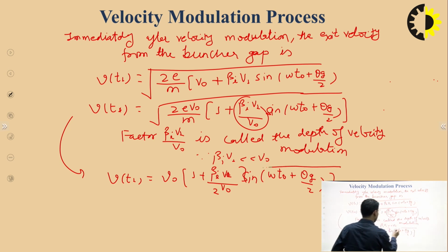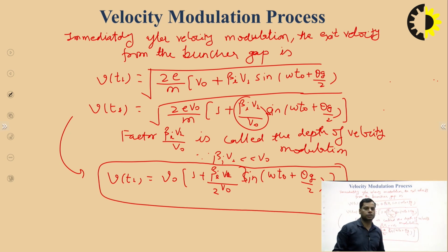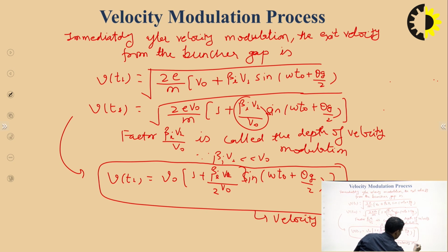So, this will be the equation for the velocity modulation of electrons after the buncher cavity. This will be the equation for velocity modulation.